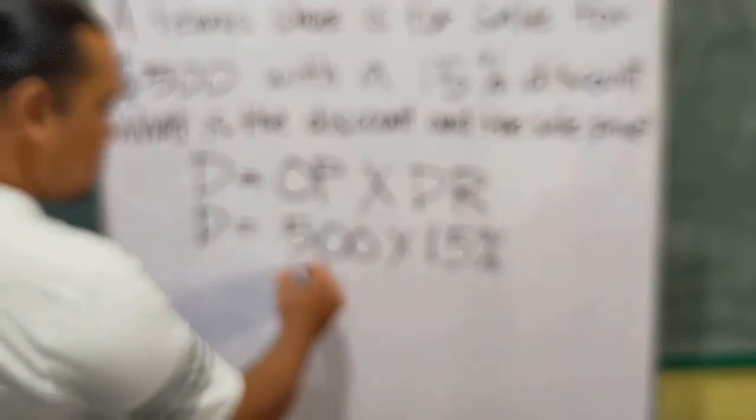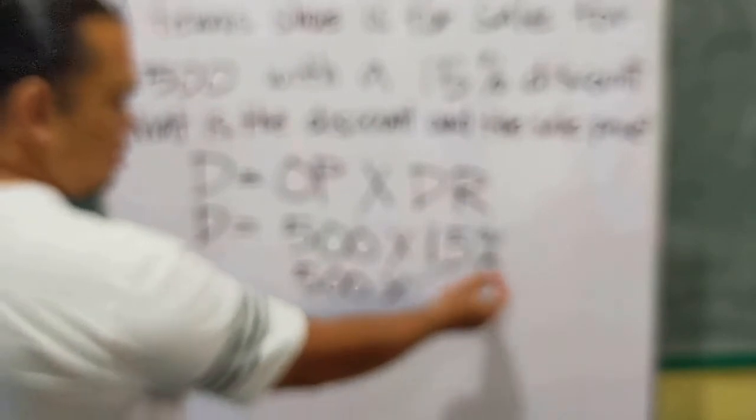So you need to multiply 500 by 15%. How? By changing 15% here into a decimal number. So we have 500 times, to change this, just drop the percent sign, move 2 steps to the left, 1, 2, and our decimal point will be here. So we have 0.15.